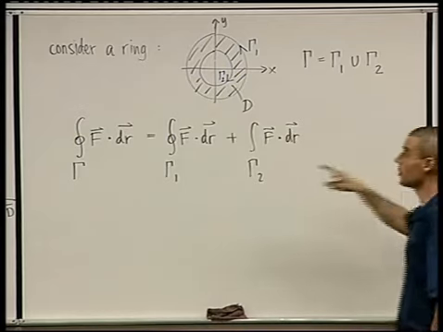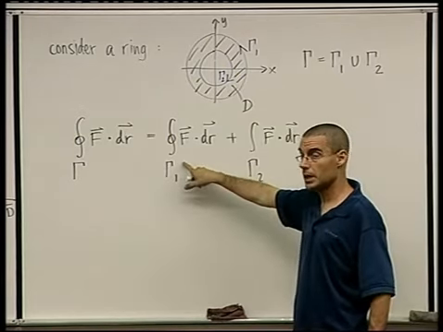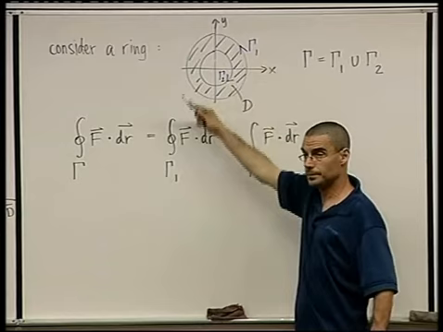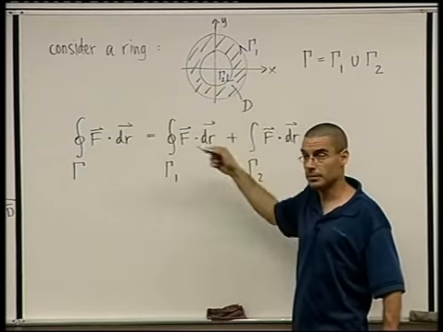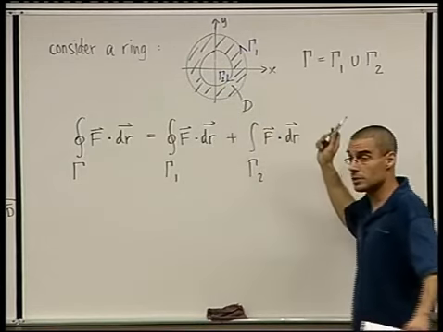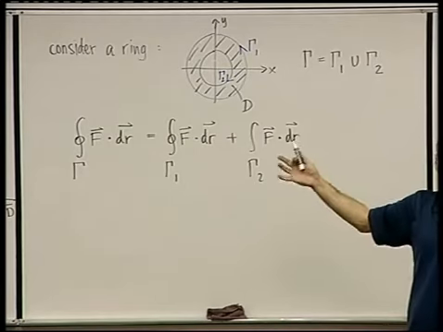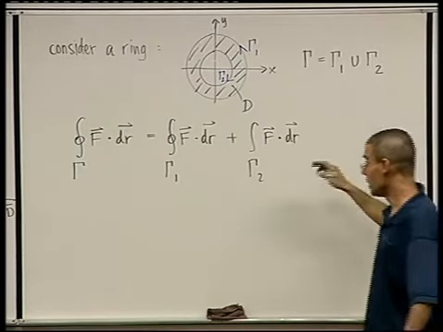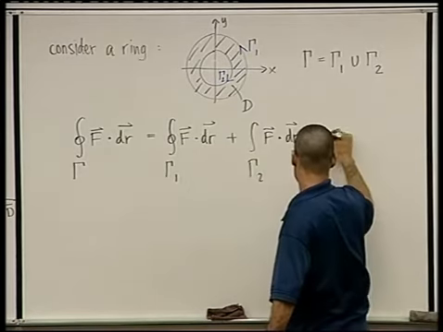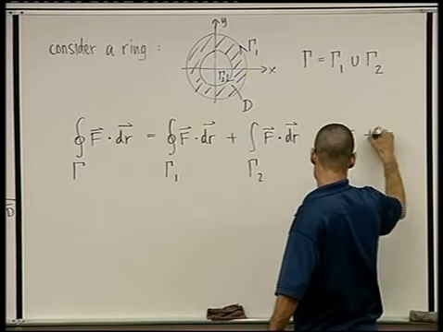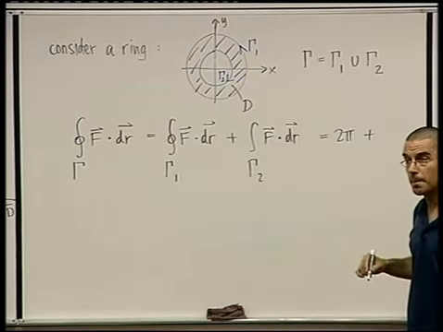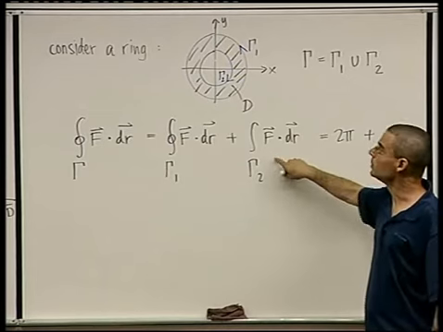What's the integral over gamma 1? Gamma 1 is a circle around the origin of some radius, but we just calculated that it doesn't depend on the radius, that this thing is 2 pi. Do you agree? What about gamma 2?